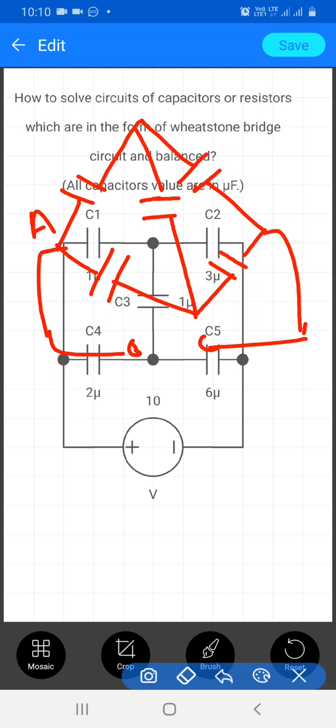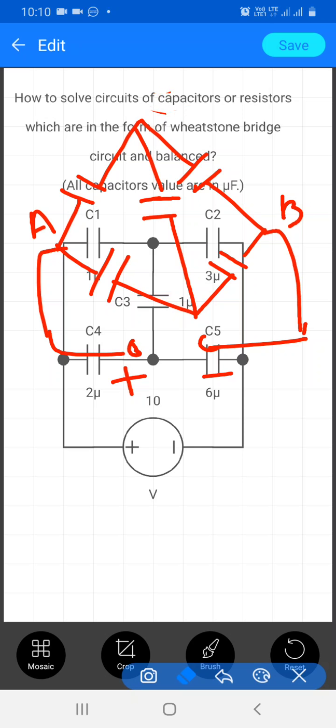I put here names A and B. So across AB the battery is connected, say plus and minus, and here I put the names D and E.